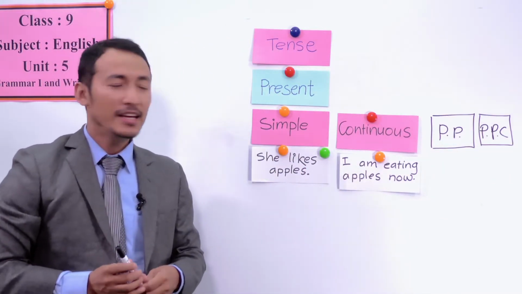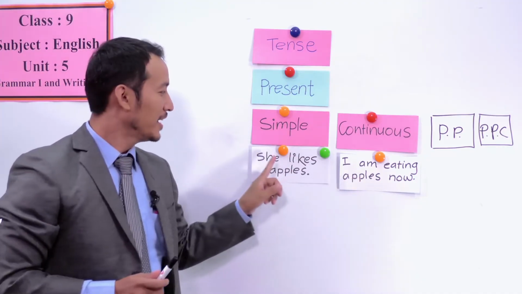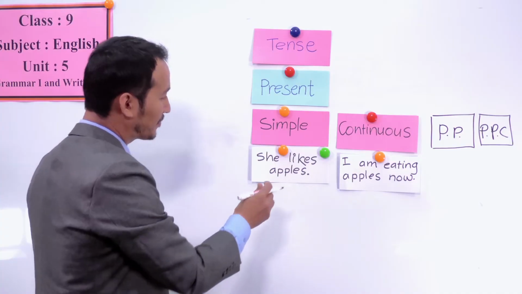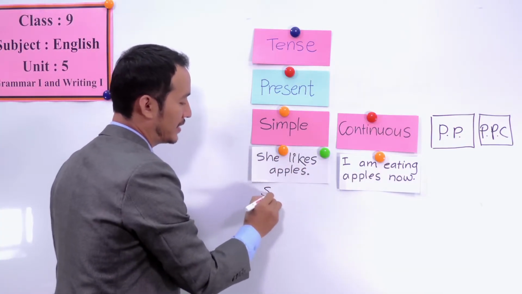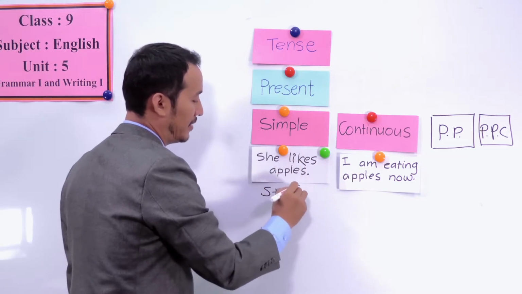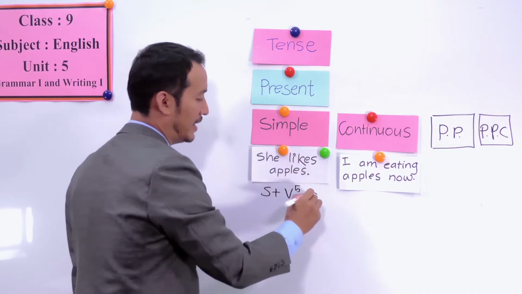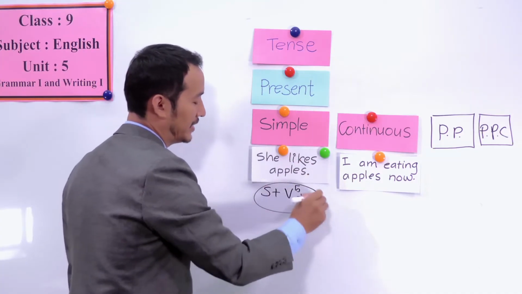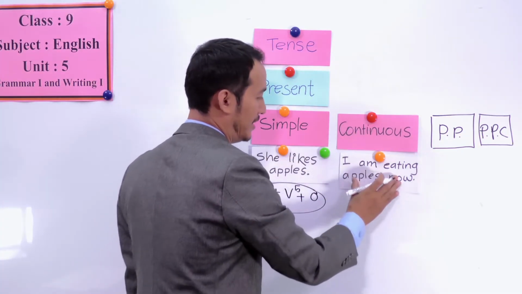Okay, students, here we have 2 kinds of sentence structures, right, students? Look at this structure. What do we have? She is a subject, and likes is a verb, and it is in the S form or singular form of verb, and we have object, right, students? This is the structure. And we have continuous tense here.